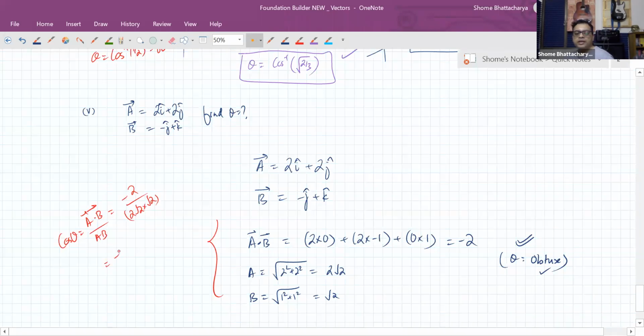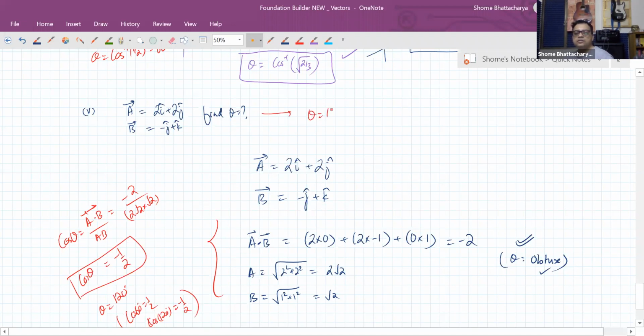So you can see it's minus half. So this means that theta must be 120 degrees because cos 60 is half. So cos 120 becomes minus half. So make use of this concept. So here you can see that theta is 120 degrees.